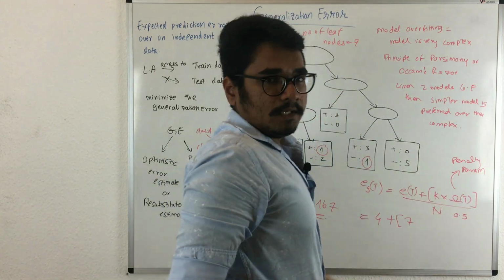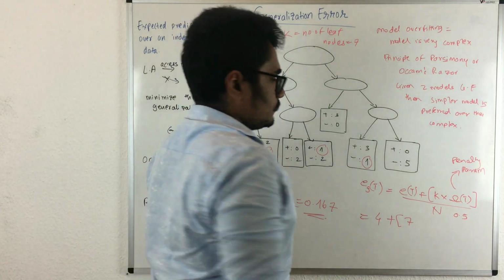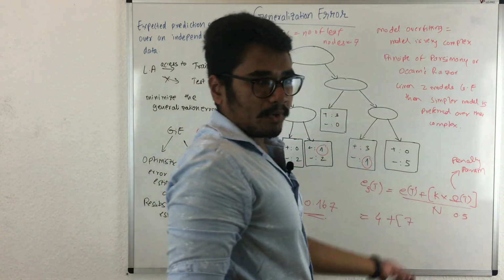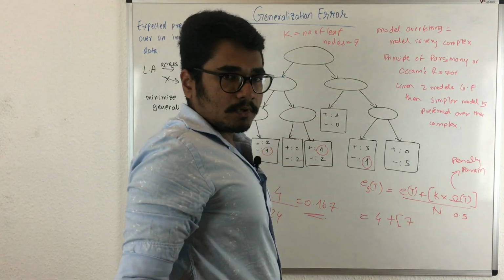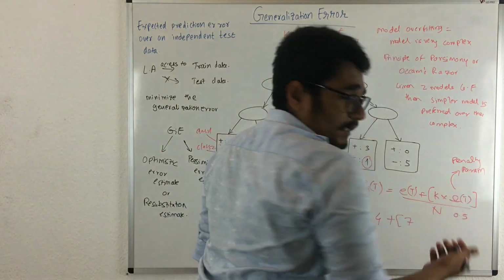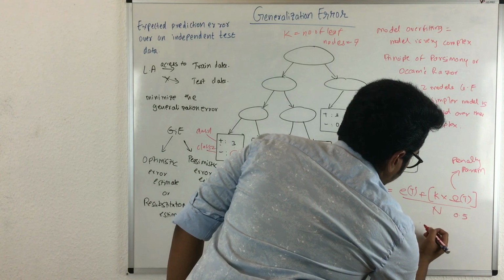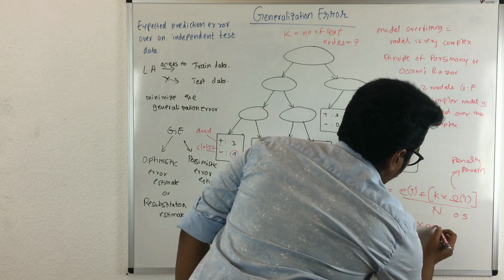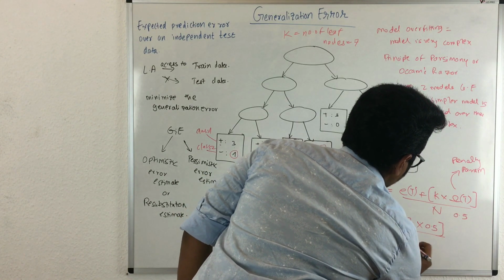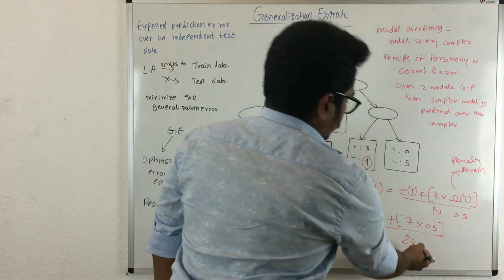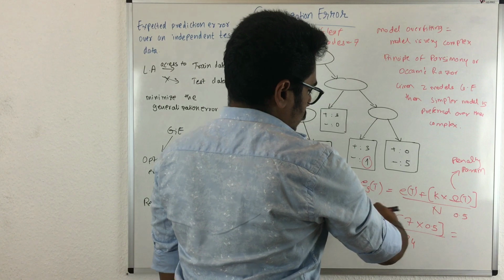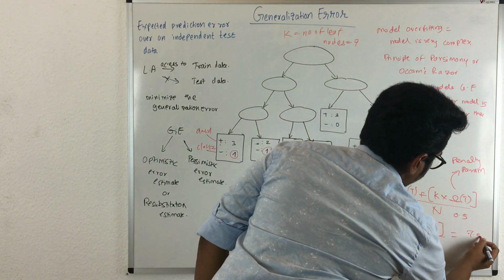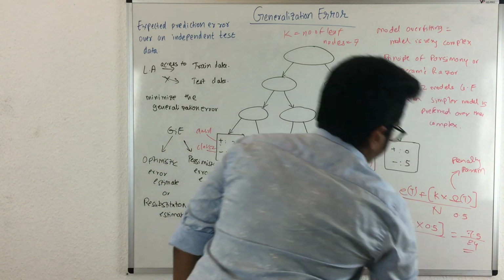This number can be anything, it is user defined, so you need not worry about where this 0.5 came from. So 7 multiplied by 0.5, and the total is 24. When you compute this, you get 4 plus 3.5, that is 7.5 divided by 24.